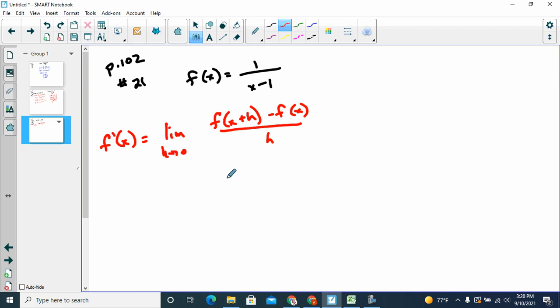So f of x plus h, I'm going to go to f of x and replace the x with x plus h. So it would be 1 over x plus h minus 1. And then I want to subtract f of x, all divided by h. And again, as h goes to 0.